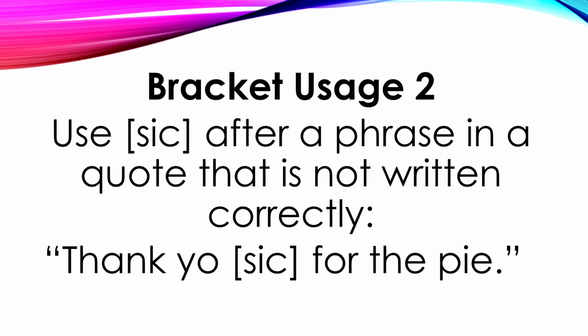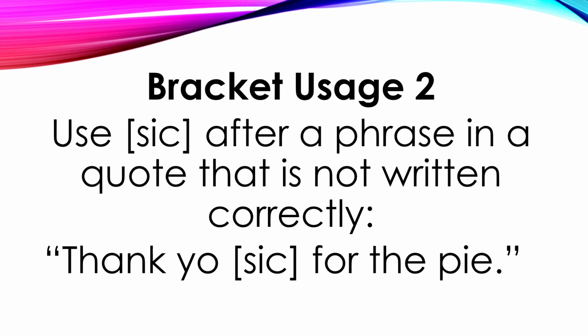Another use of the square bracket is to use SIC in square brackets. SIC is an acronym for a Latin phrase, which I don't know, which means, yeah, this is the way it looks. So use SIC in square brackets after a phrase in a quote that is not written correctly.